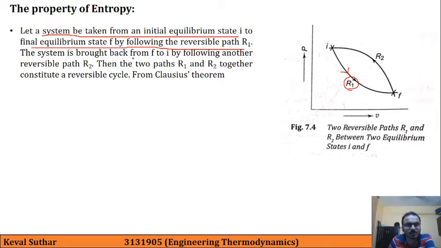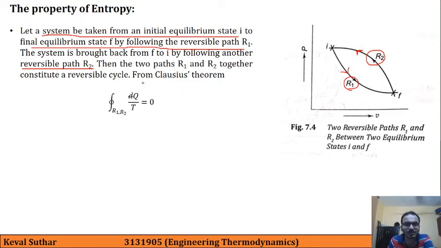The system is brought back from F to I by following another reversible path R2, that is this, and the path is F to I. Then the two paths R1 and R2 together constitute a reversible cycle.